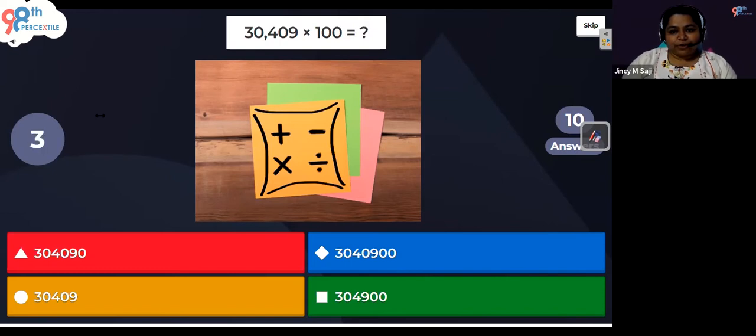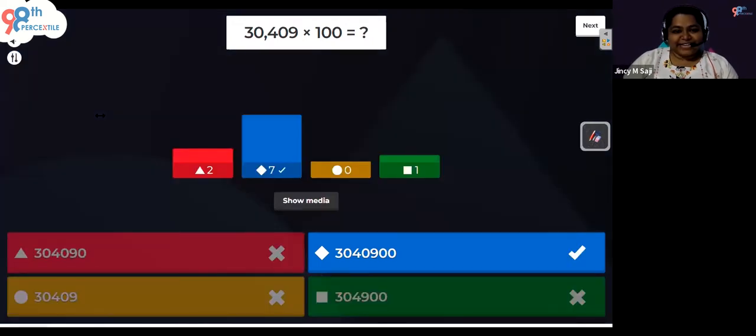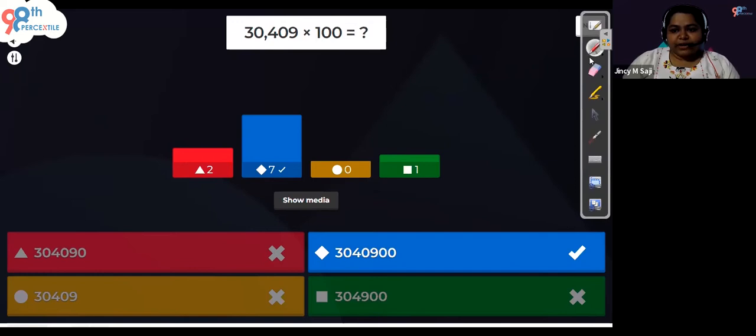Seven of you got it correct and three of you got it incorrect, but let's check how to do this question. It's a very easy one for every one of us to do, but let's see what is the mistake that is not letting us get the answer.